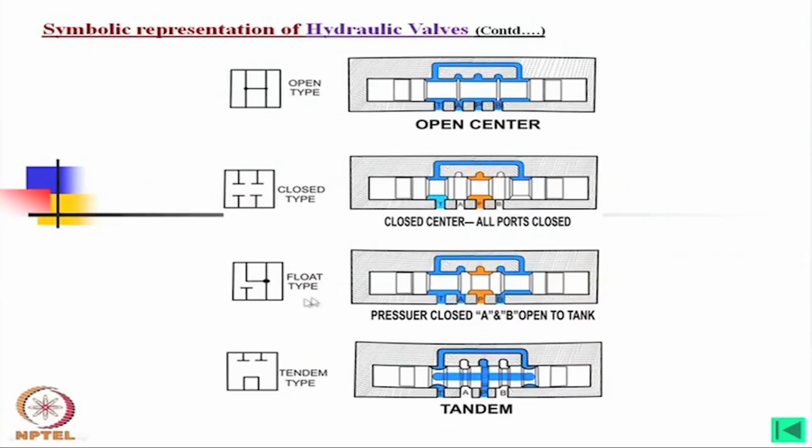Now, similarly, if I go to the tandem, which is mostly used, a tandem is that we can keep the load position at the midway, whereas oil is not going through the relief valve when it is in neutral position. So, energy is being saved.